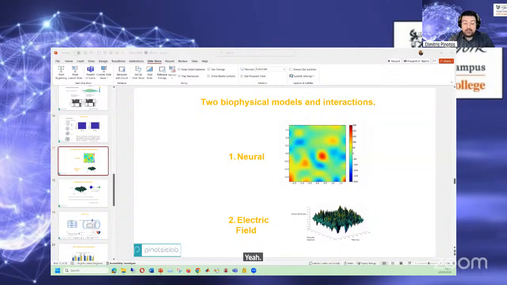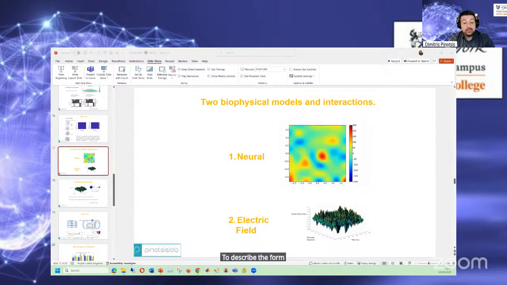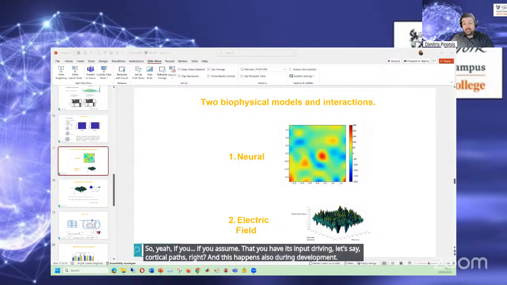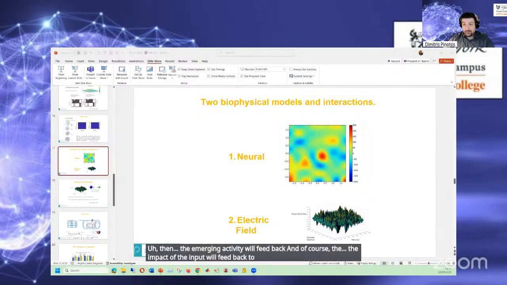People have used, let's say, Kohonen maps and self-organization to describe the formation of retinotopic maps, for example, or numerosity maps. If you assume that input is driving cortical patches, and this also happens during development, then the emerging activity will feed back to the whole ensemble and create these structural patterns.